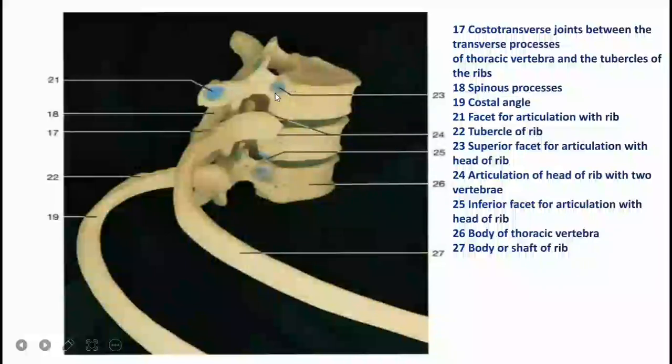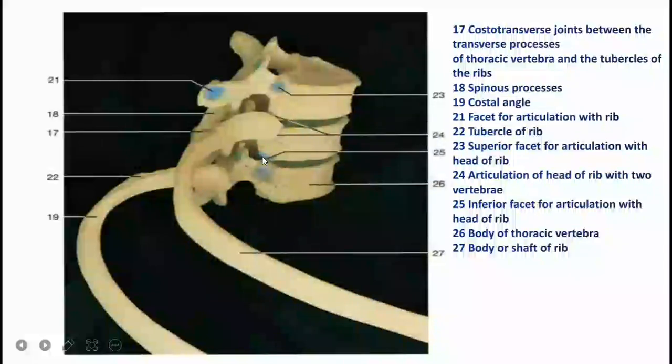And we have the part labeled 23, the superior facet for articulation with the head of rib. And the part labeled 21 is the facet for articulation with the rib. This is majorly the tubercle of the rib, because the head comes into contact with this part, then the tubercle definitely at that level.